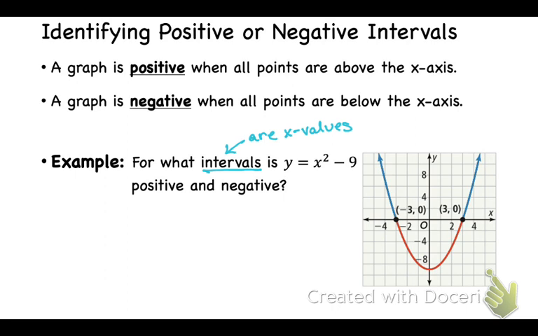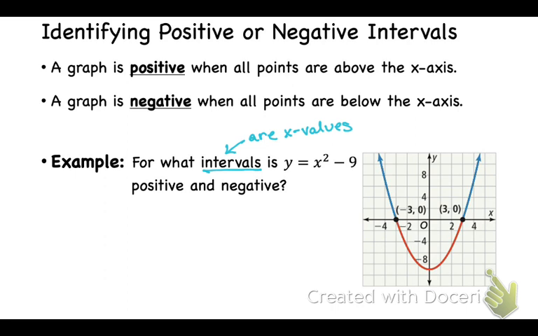Okay? So what we need to do is talk about when the graph is above the x-axis, like from negative infinity to what x value is this graph above the x-axis? -3. It's right here. Okay? See that?